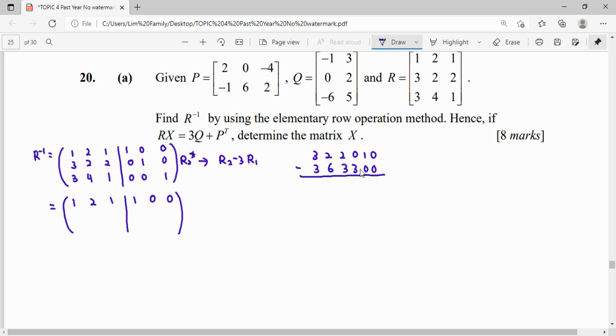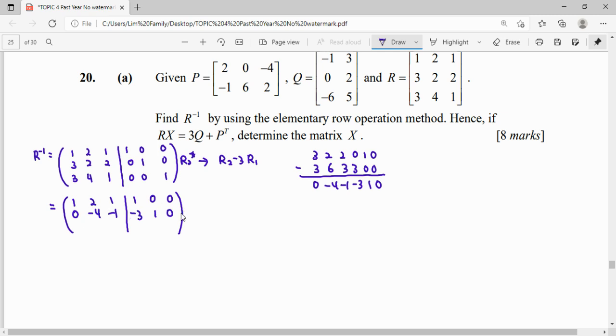So we will get 0, negative 4, negative 1, negative 3, 1, 0.